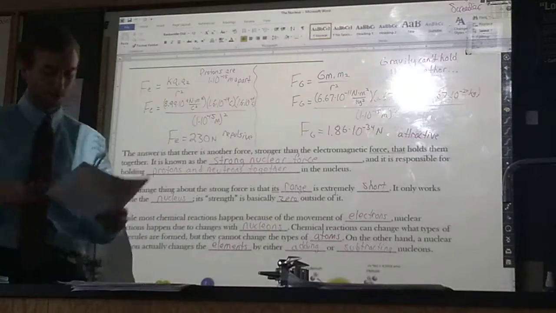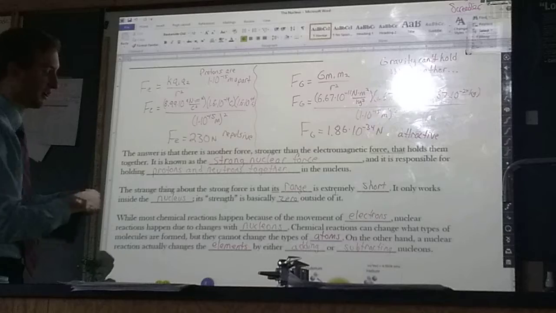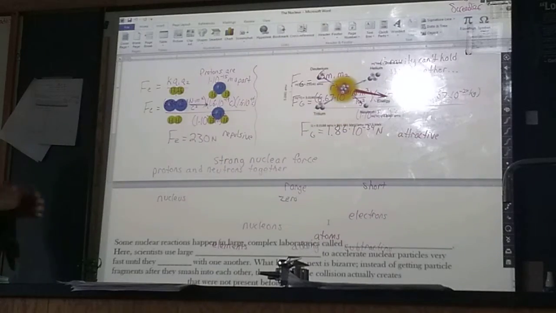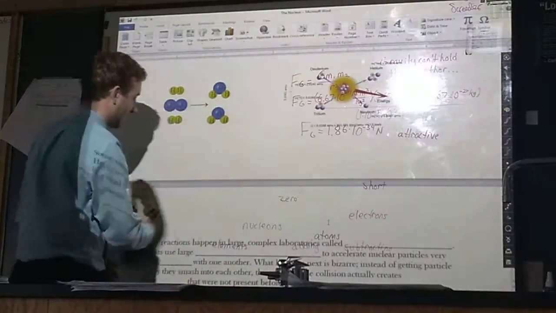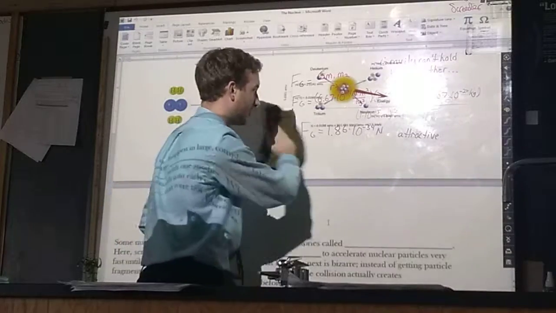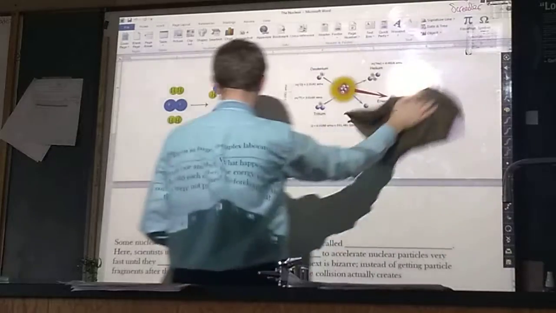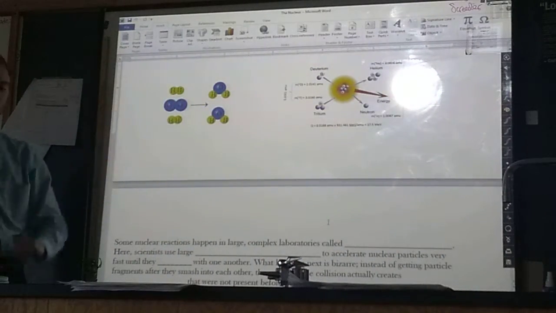The picture down below is a very brief description of that. I'll scroll down. The picture on the left shows some elemental hydrogen and some elemental oxygen. That's how hydrogen and oxygen appear in the environment: H2, O2, and another H2.